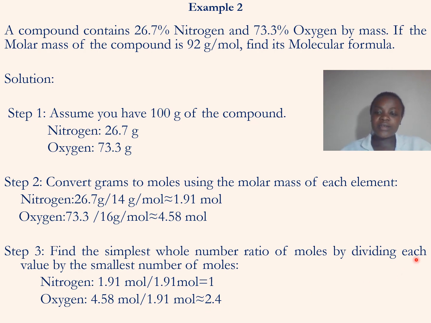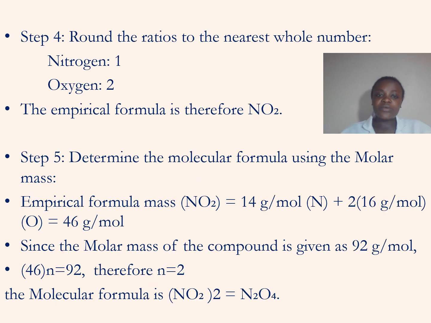So this one, we write into whole numbers, that will be 1 and 2, we round off. So the empirical formula will be what? NO2. The empirical formula is given by combining the chemical symbol for nitrogen, which is N, and that of oxygen, which is O, with the whole number ratios, 1 and 2. So we get the empirical formula to be NO2.